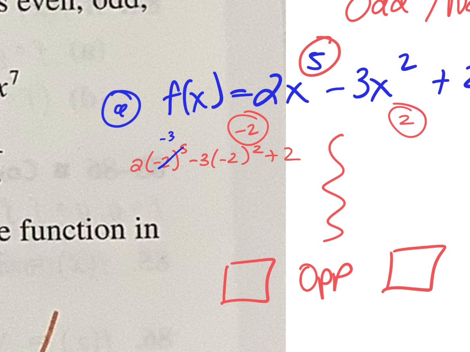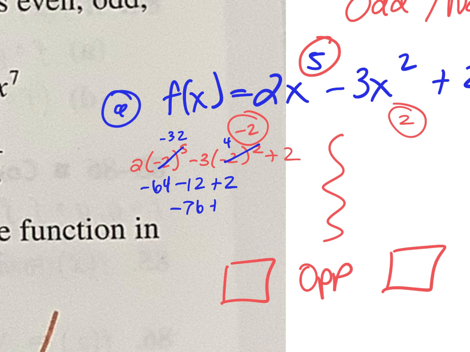It's negative 32. So 2 times negative 32 is negative 64. Negative 2 squared is 4. And then what's negative 3 times 4? Minus 12 plus 2. All right. So what is negative 64 minus 12?